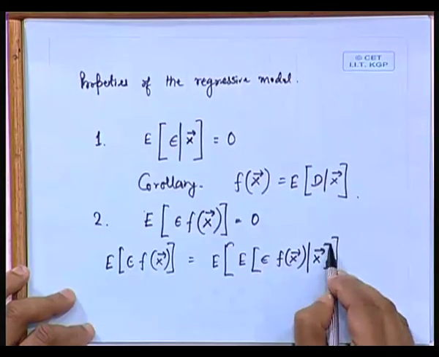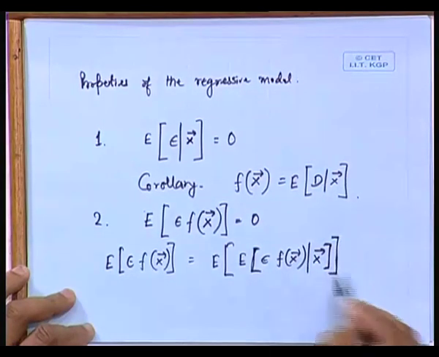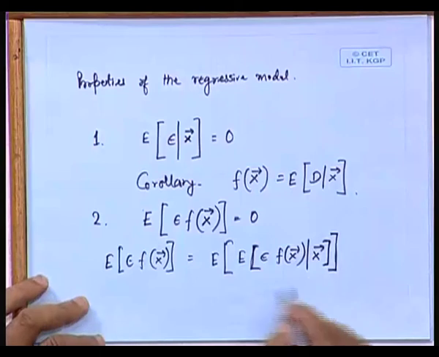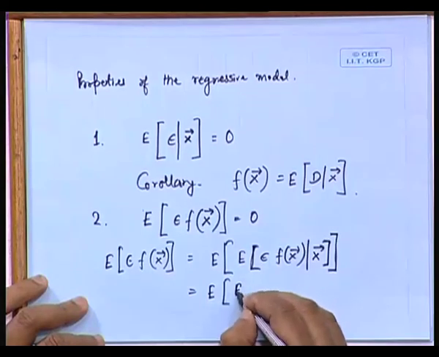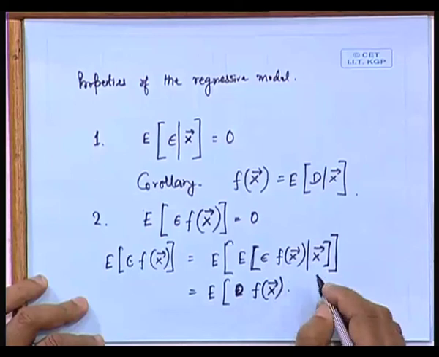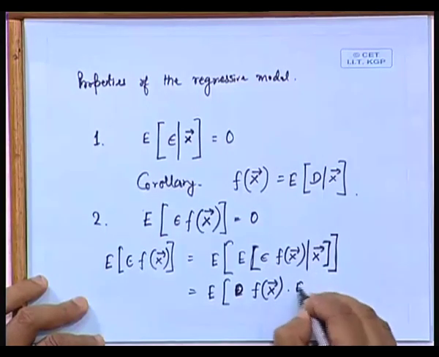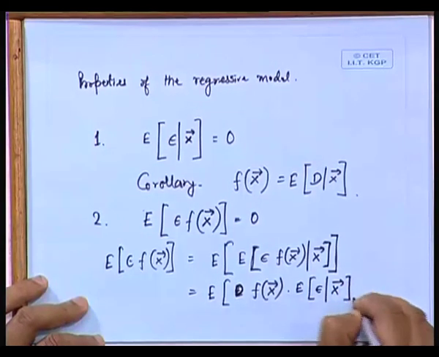The square bracket is for this expectation, and outside we have this one. So what does this mean? f(x vector) goes out of the expectation operator, and on the inside we have the expectation of epsilon given x vector.